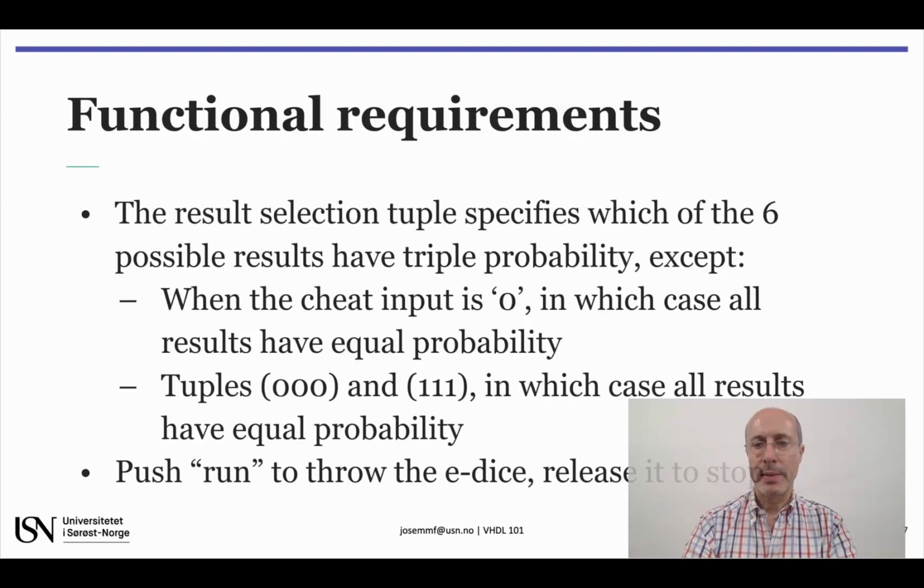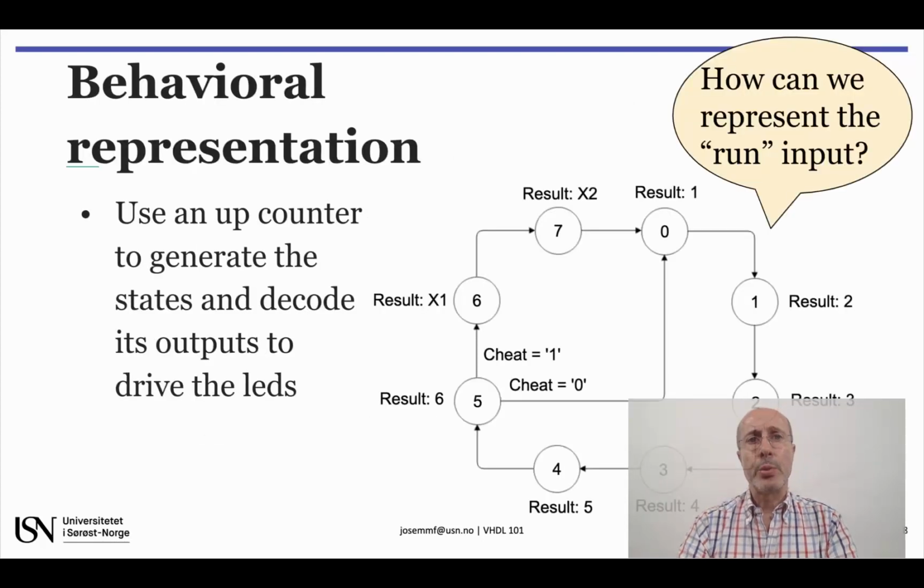In this coursework assignment, you are being asked to use a binary up counter to implement the dice. Since the state diagram is predefined and just moves through the 8 possible output combinations, what we can do is to decode the appropriate output patterns for the LEDs and the 7-segment digit, considering that state 0 will output result 1, state 1 result 2, and so on until state 5 outputs result 6.